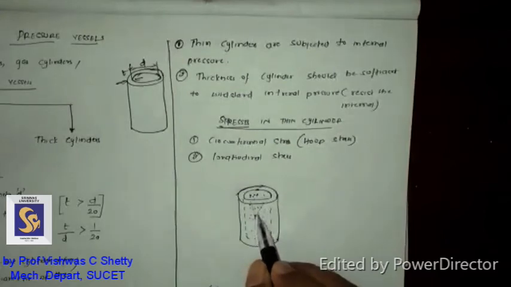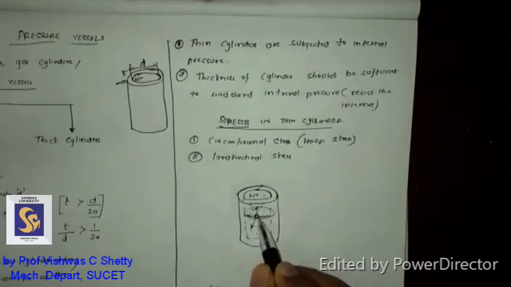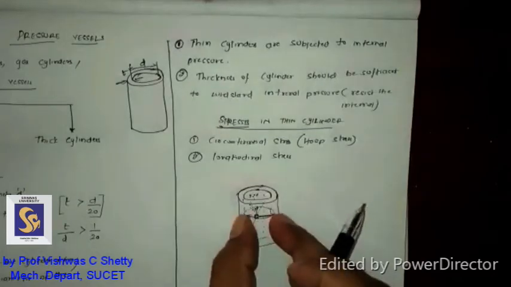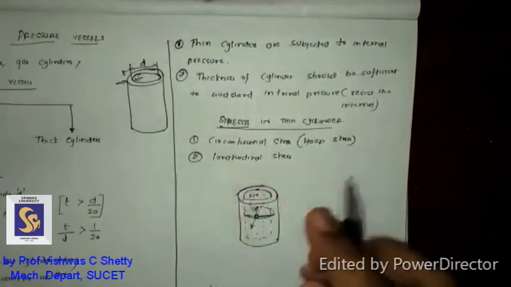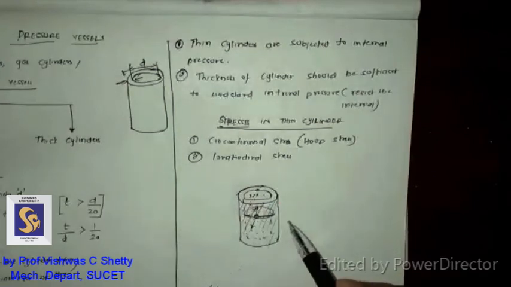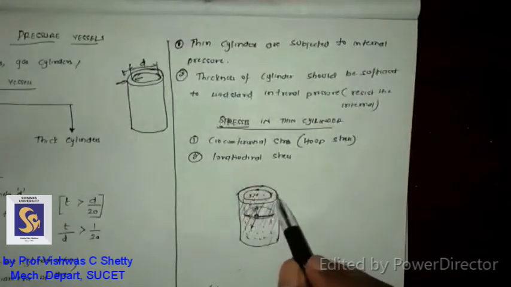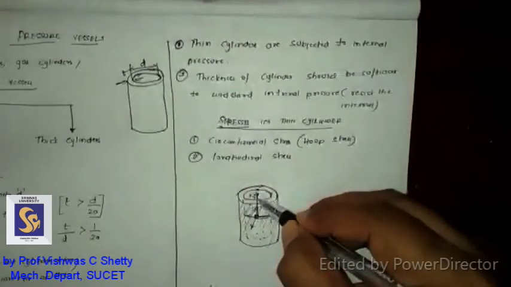See, if you consider one element like this here, that can exert pressure radially. If you consider a plane like this in the radial direction, if it exerts pressure in the radial direction, it can exert pressure on all this inner circumferential surface, isn't it? And it can exert pressure in the top and bottom direction.